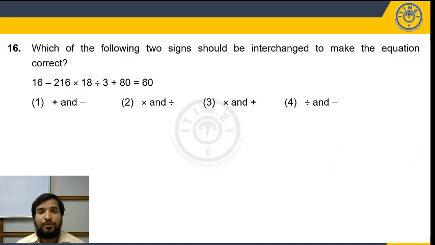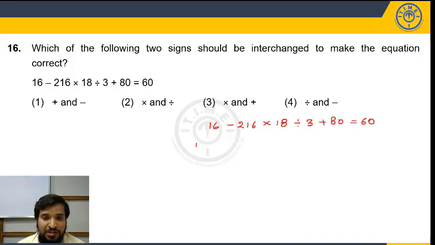Which of the following two signs should be interchanged to make the equation correct? So in the given expression, among the choices, by using which two signs we should interchange to make the expression equal to 60. Now see, what's the given expression? That is 16 minus 216 times 18 divided by 3 plus 80 equal to 60.